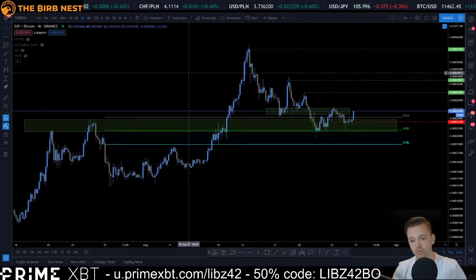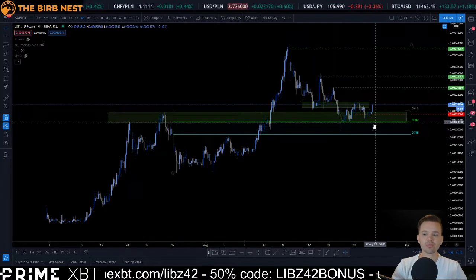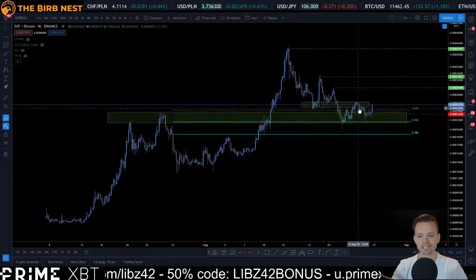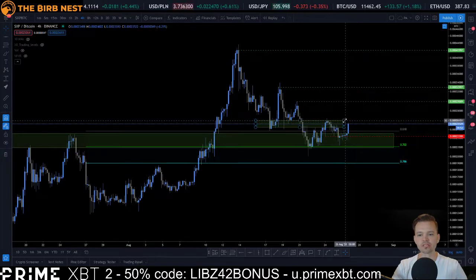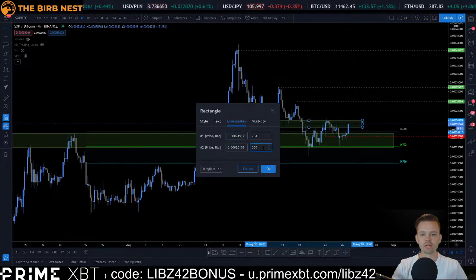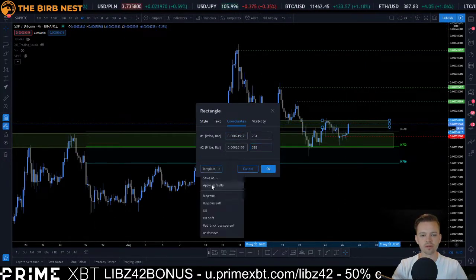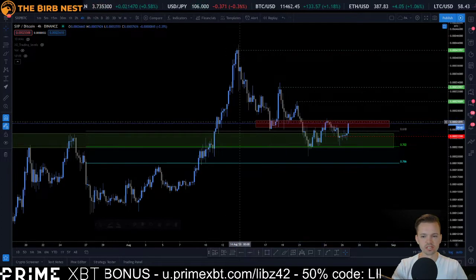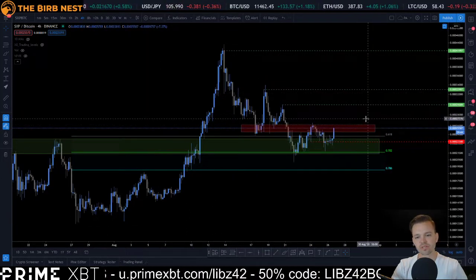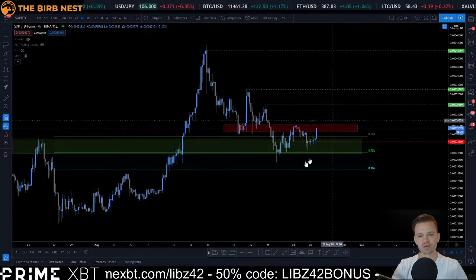I really like the fact that we're bouncing inside the RLC here, and we're trying to reclaim this green box here, or it should be red because it's resistance. The trade idea here is quite obvious, right?